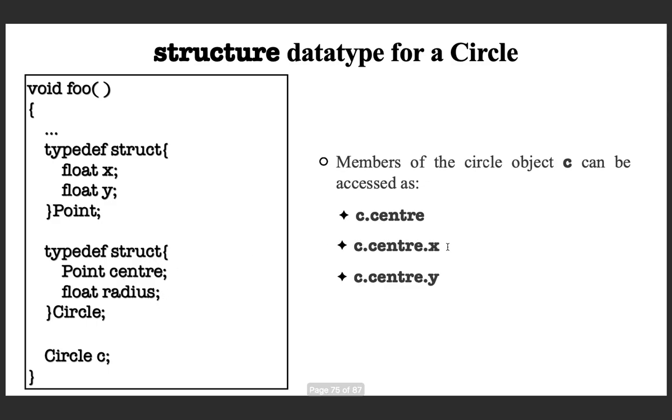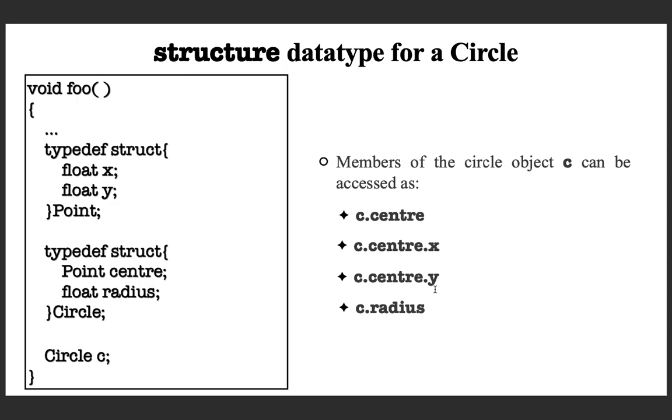So if you want to access the x and y coordinates, this is how you do it. c is a structure, dot center is this field, which is a variable of another structure which has two fields x and y, and radius can be accessed like this. And I think now it makes sense why we need user defined data types.